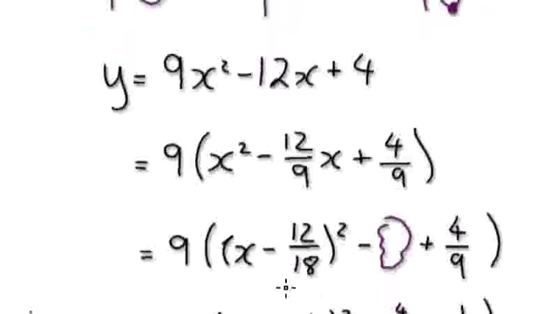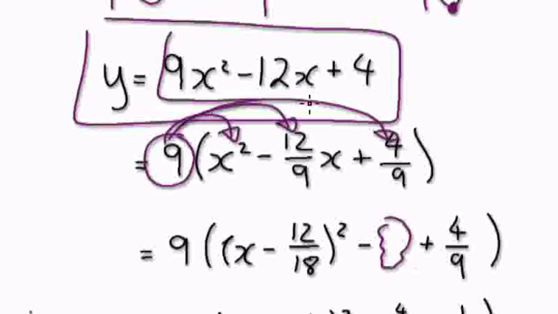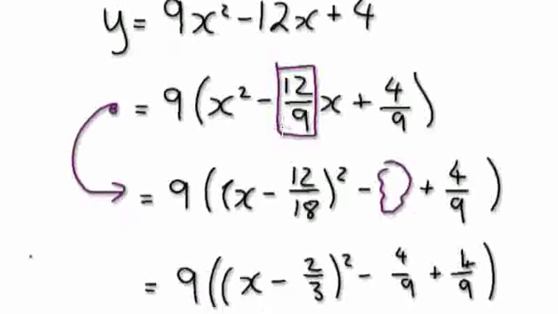So here we've been given this quadratic here. Take 9 out as a factor, and when you come to multiply this, it will give you this. And the next step, you're going to need half of this.